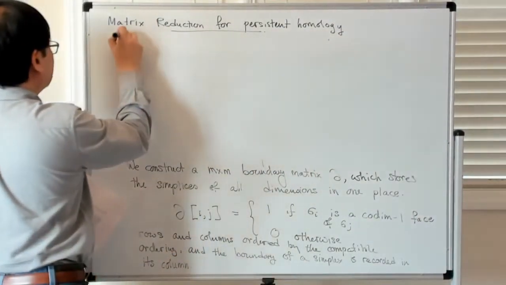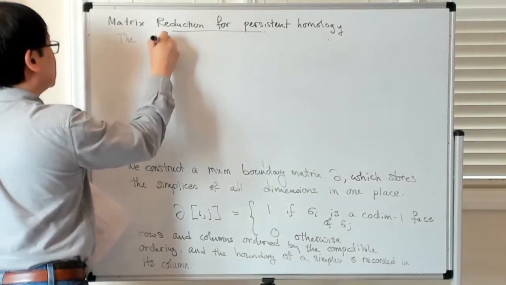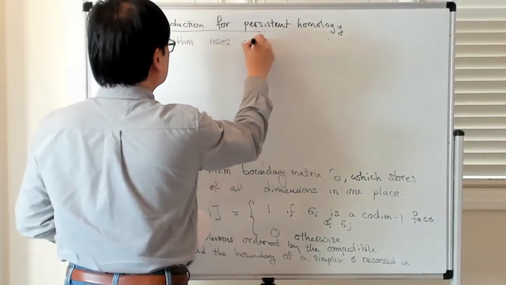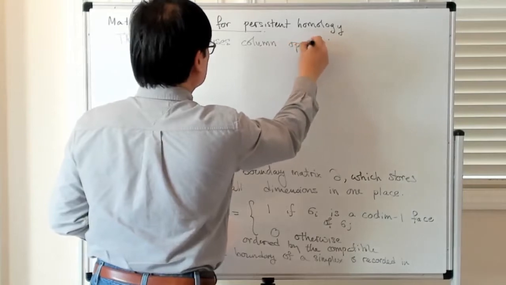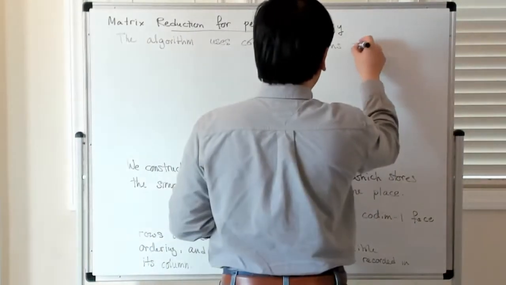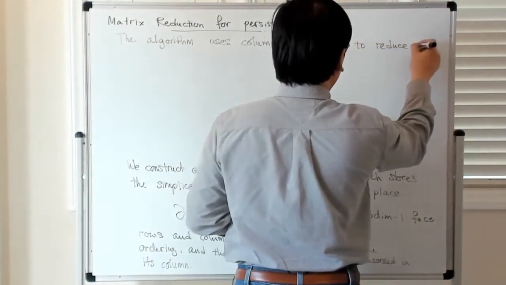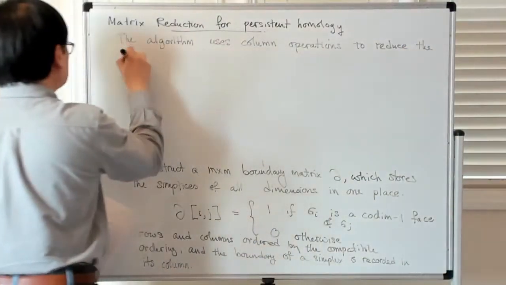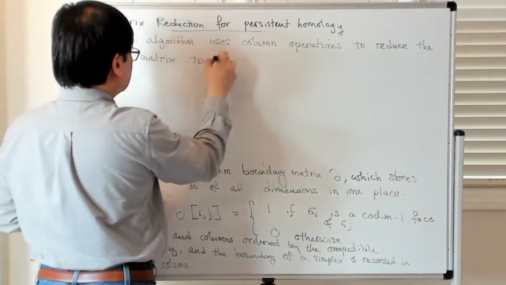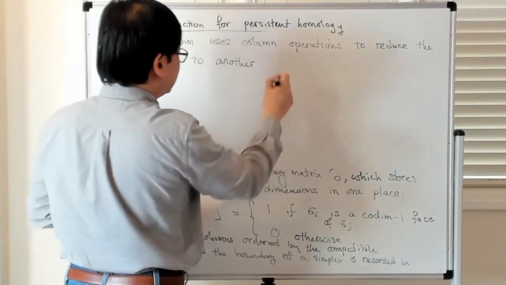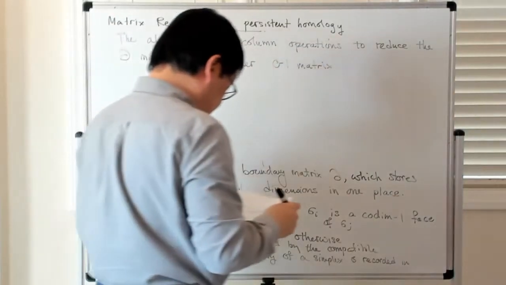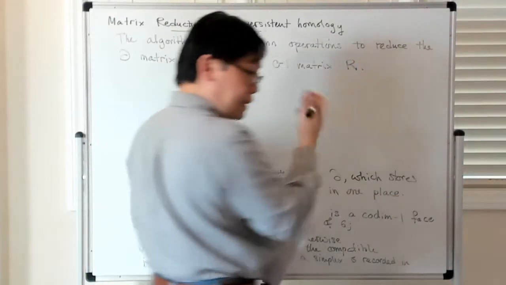As I said, the algorithm uses column operations to reduce the boundary matrix to another matrix with just 0, 1 entries. Let's call it R, which stands for reduced.